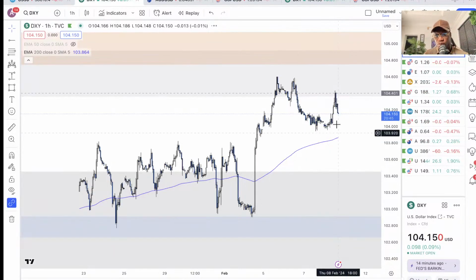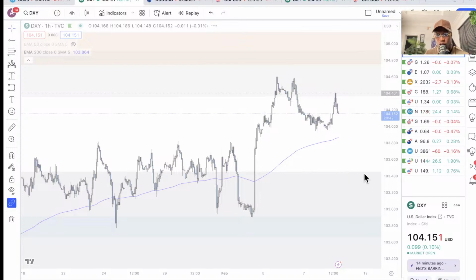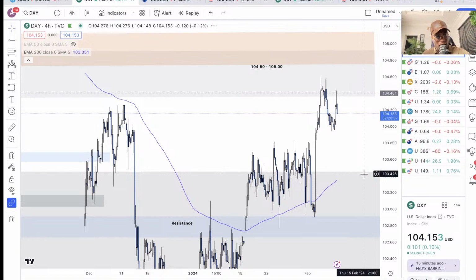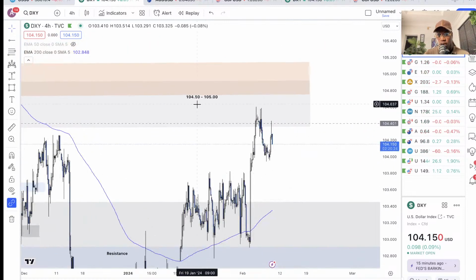But guys, again, if we get a break above this key level that we have at 105, sorry about that, then we'll be bracing up for an upward move. 104.5 to 105 psych levels. Then we're bracing up for an upward move in the US dollar.